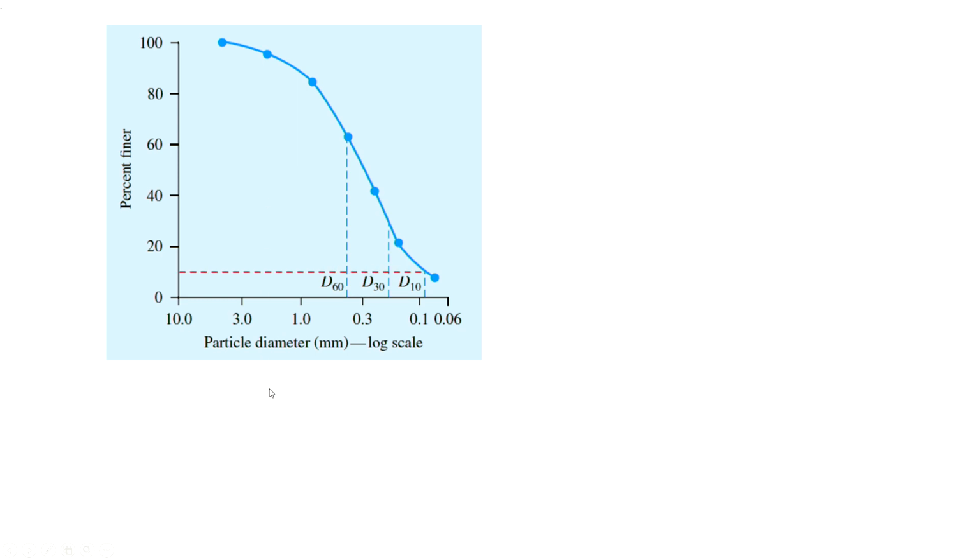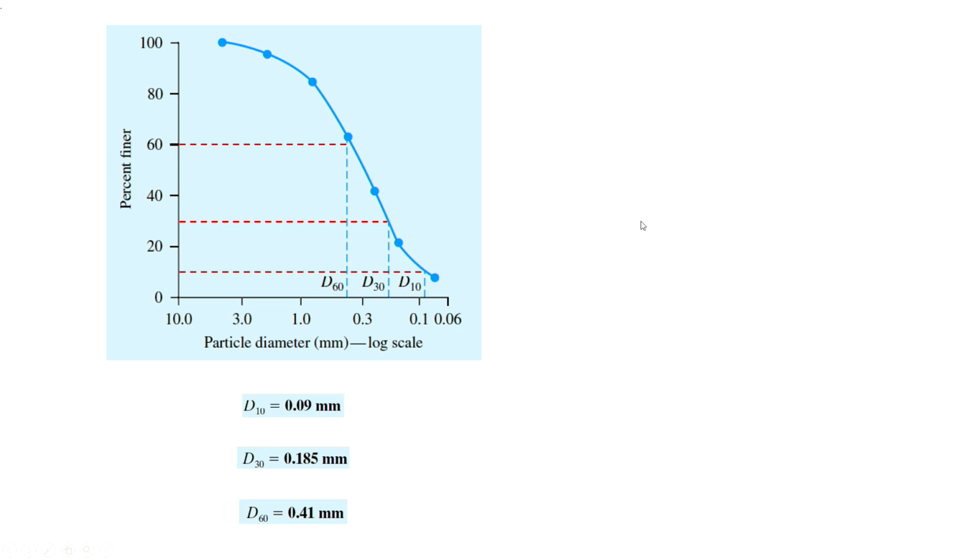And find the D10. It is 0.09 millimeter, and D30 is 0.185 millimeter, and D60 is about 0.41 millimeter.